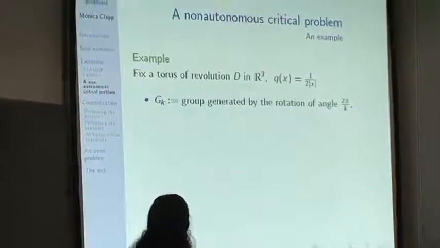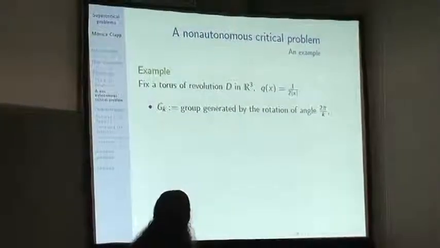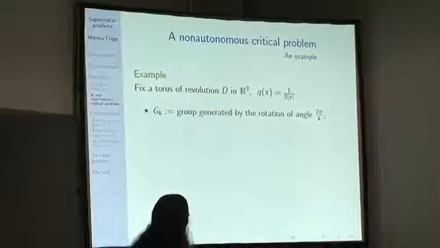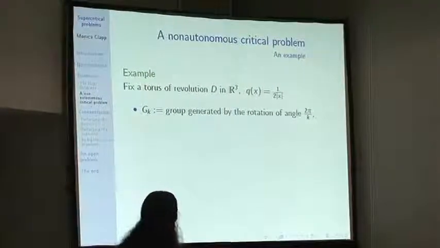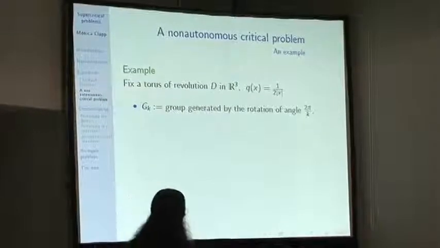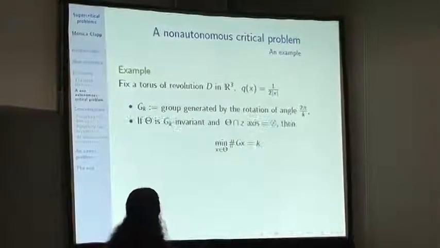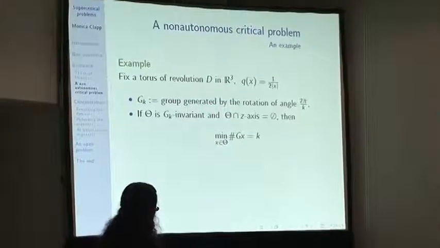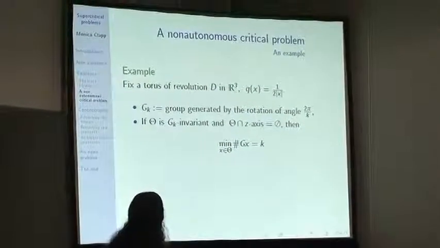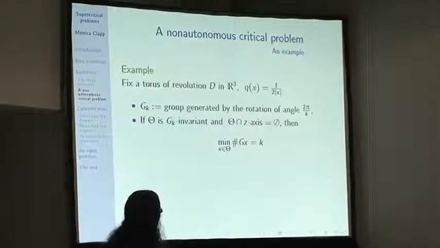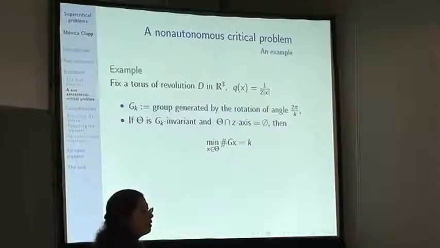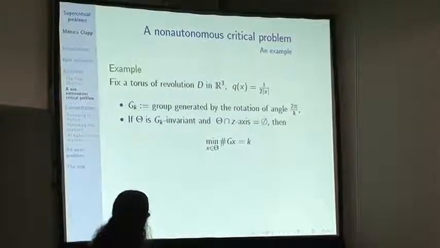And now let us take GK, the group generated by the rotation of angle 2 pi over k around the z-axis. So this is a finite group, a cyclic group, and if we take a domain which is invariant under this group action and does not intersect the z-axis, then every orbit will have cardinality precisely k.